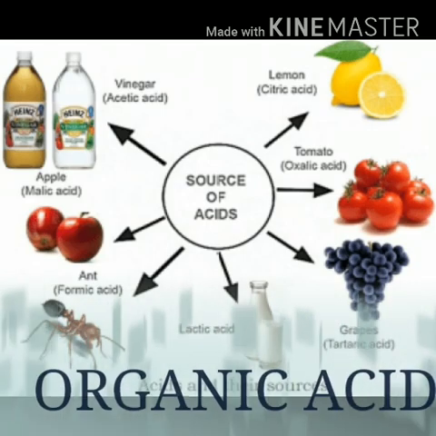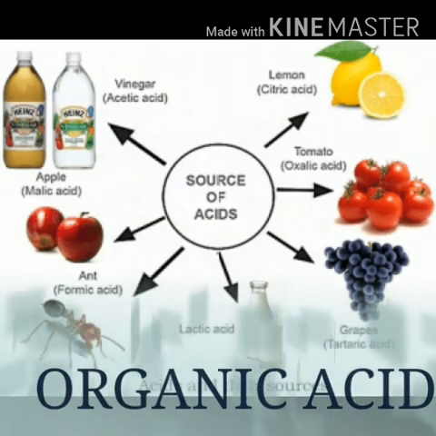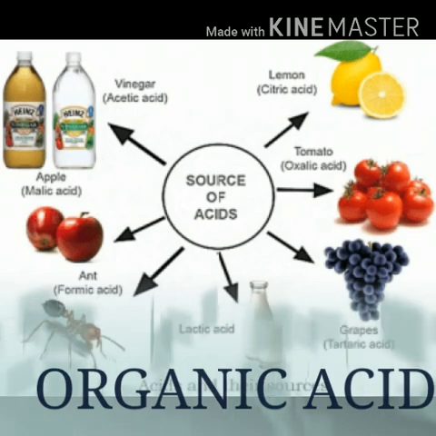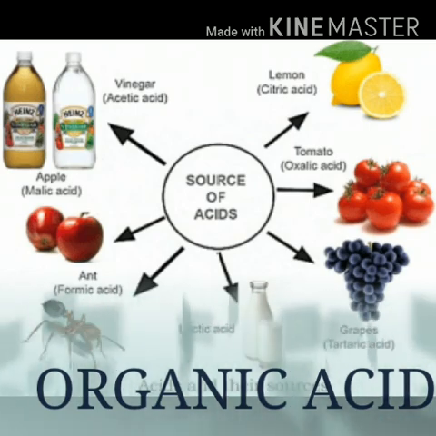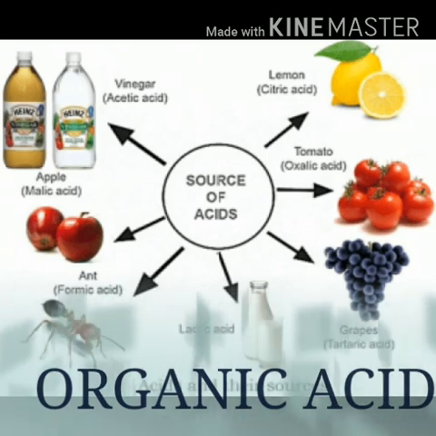So what are organic acids? Organic acids are those which we can get from natural sources. So naturally occurring acids are called organic acids or natural acids.